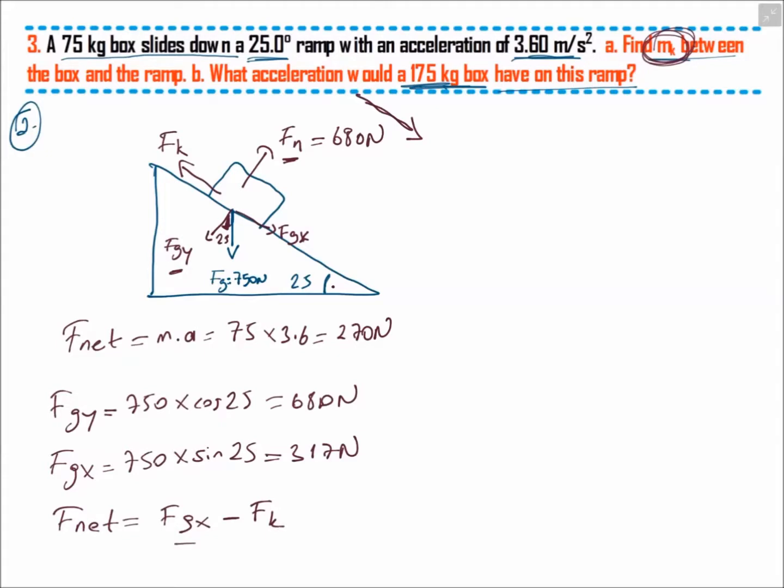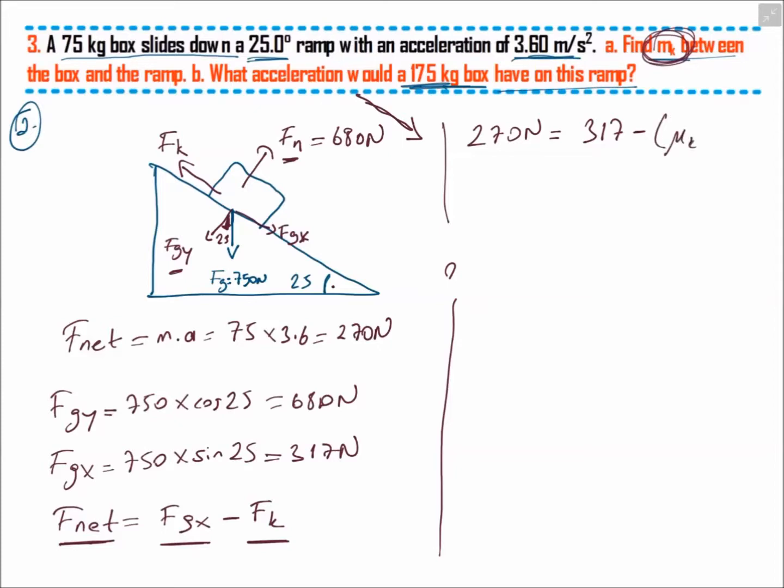So we calculate the Fgx, we calculate the Fnet, and I do the calculation for the Fk, then I will find the mu k. And I will continue here. Fnet equals 270 Newton. Fgx is equal to 317 Newton minus Fk.